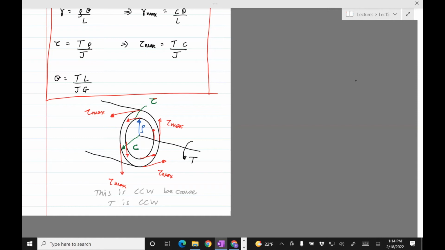What are the arrows that are inside of the inner radius? Oh no, that's just regular tau, right? Yeah, I see what you mean.